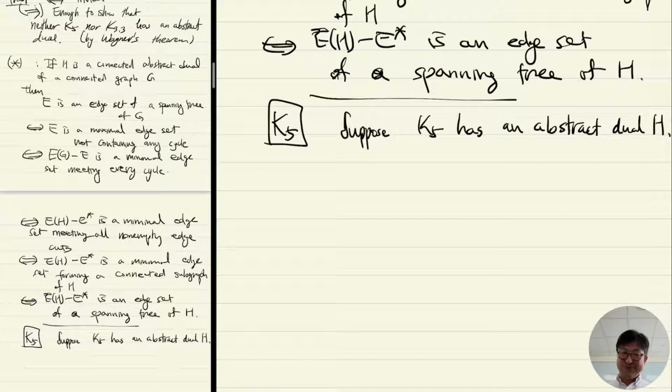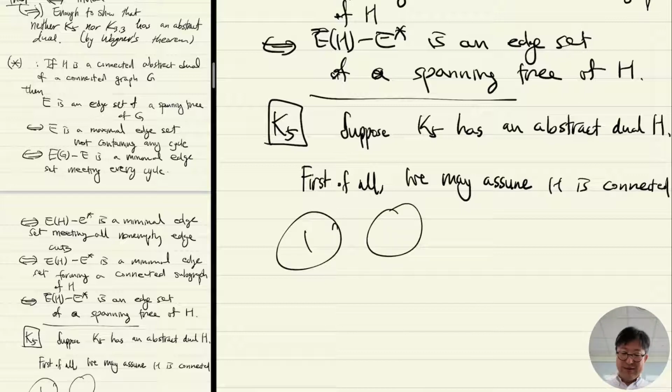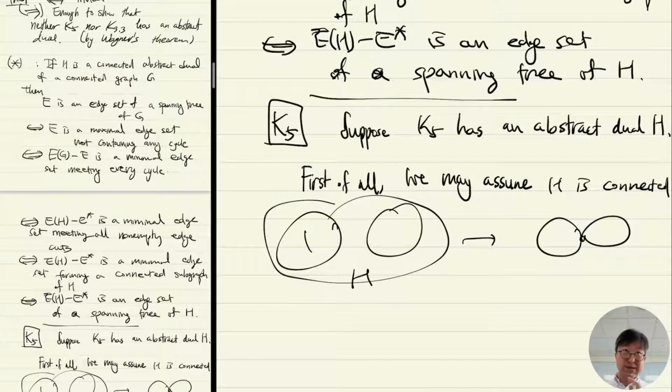Now, what we do is, first of all, we may assume H is connected. Why? If this is my H, then I will glue the components together by picking one vertex in each and gluing. The set of non-empty edge cuts doesn't change.